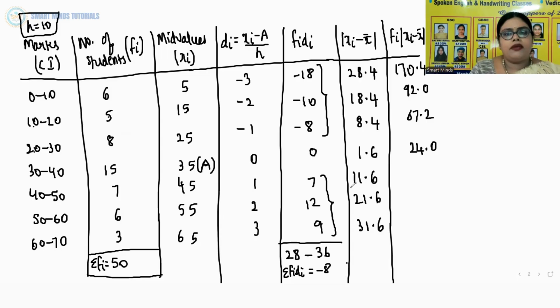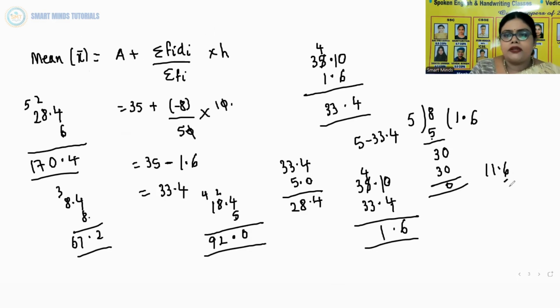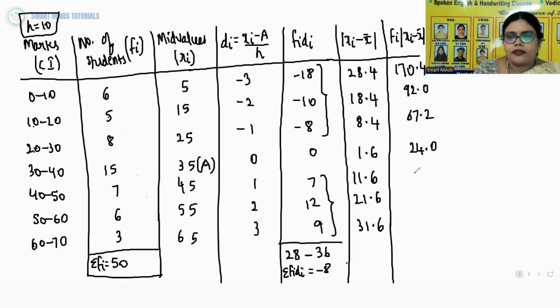Now 7 into 11.6. Again you can do directly. 11.6 into 7. 7 sixes are 42. 7 ones are 7 plus 4 is 11. Then 7 ones are 7 plus 1 is 8, so 81.2. Then next is 6 into 21.6.